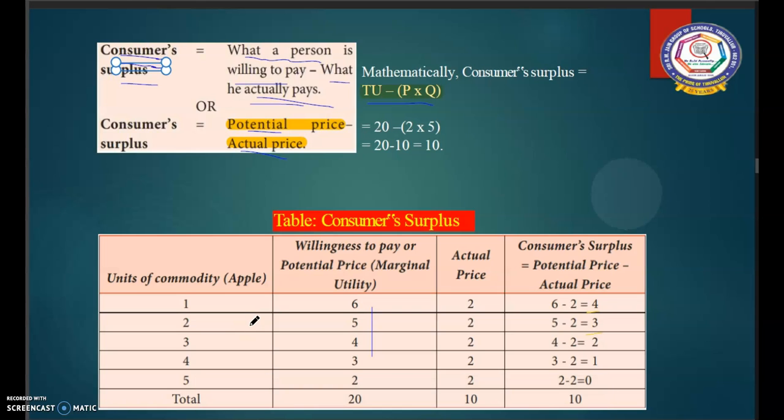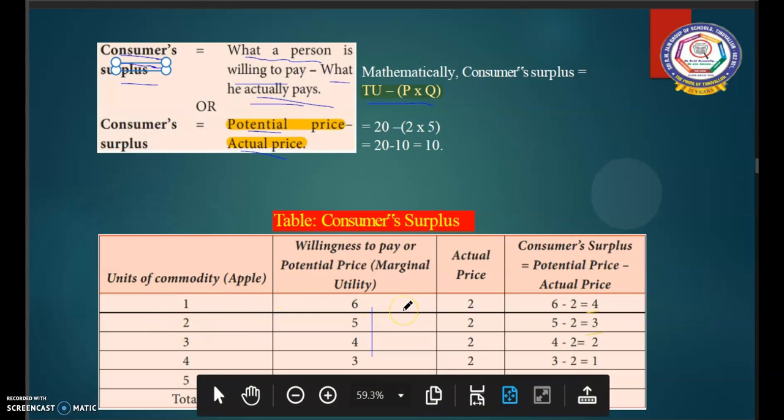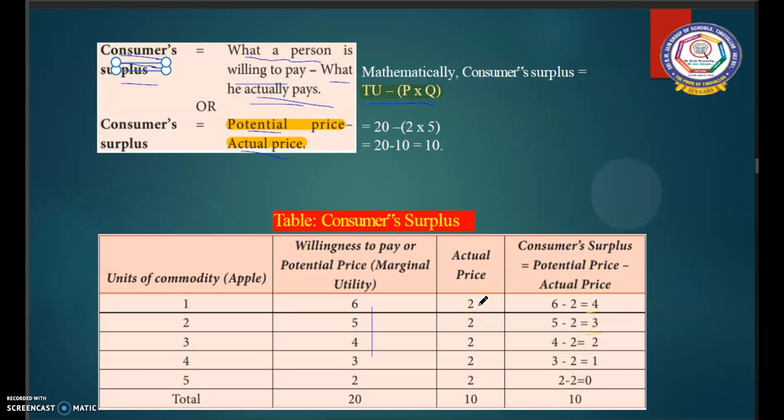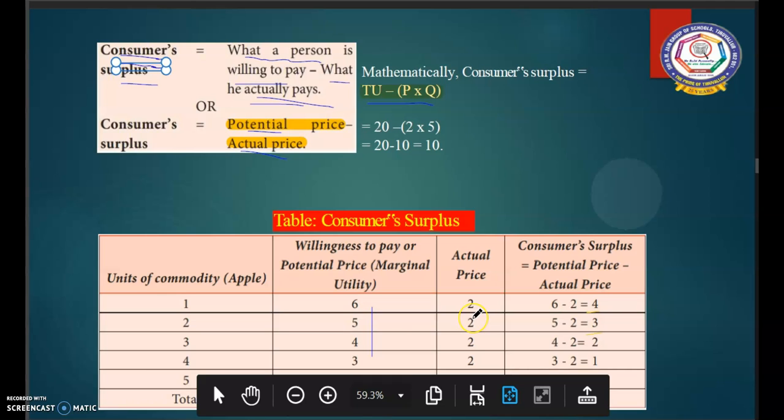So the total utility is 20 for all the units, but the actual price is rupees 2, so he paid only 10 rupees for getting 5 apples.